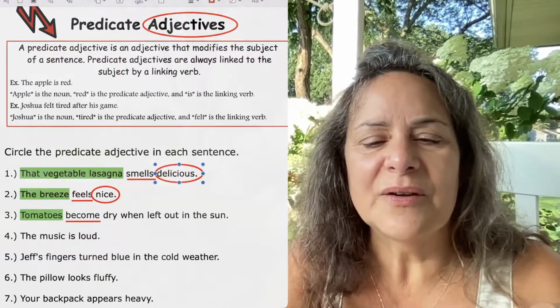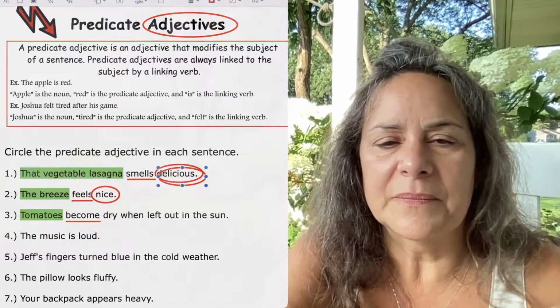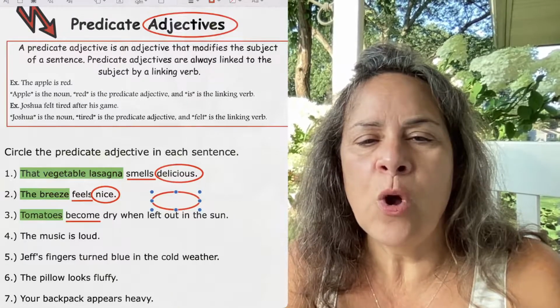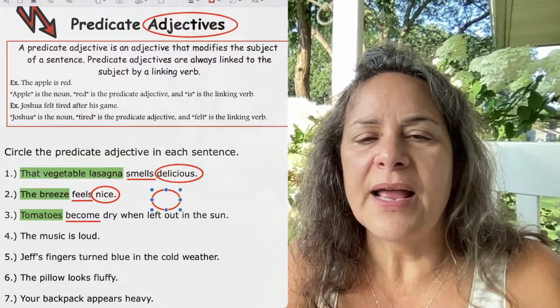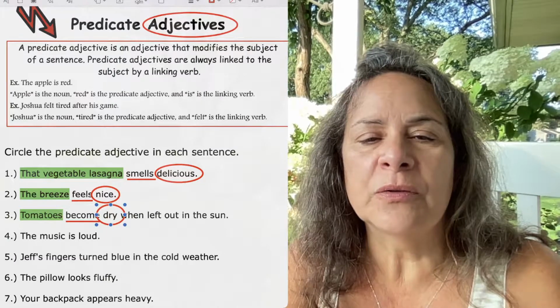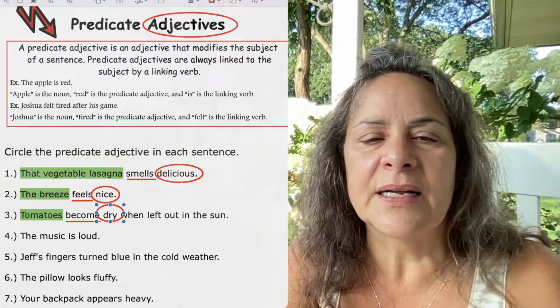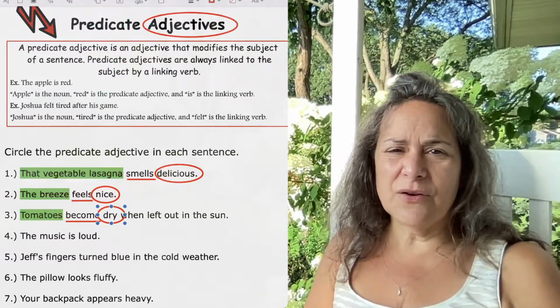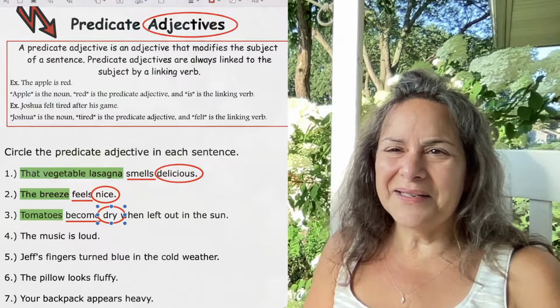Must have typed something without knowing it. So they become what? They become dry. Dry describes the tomatoes when they're left out in the sun.